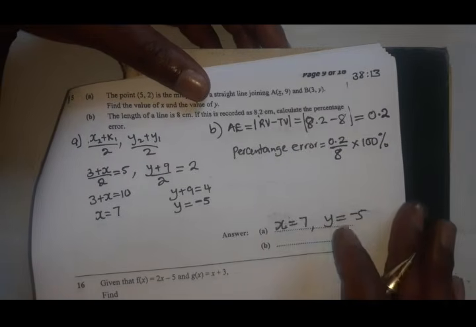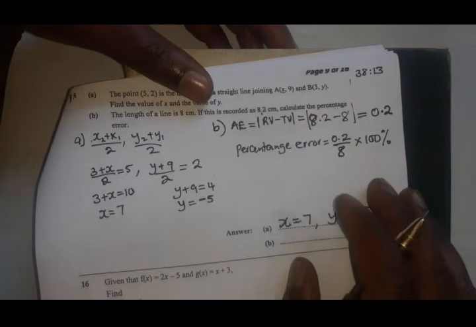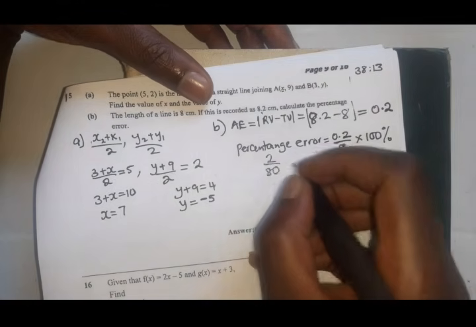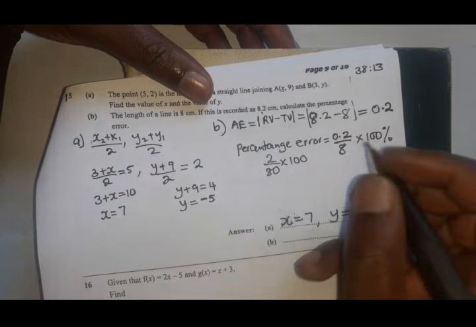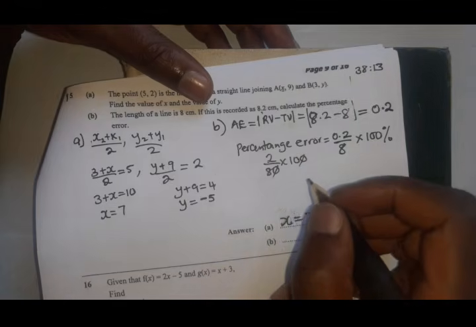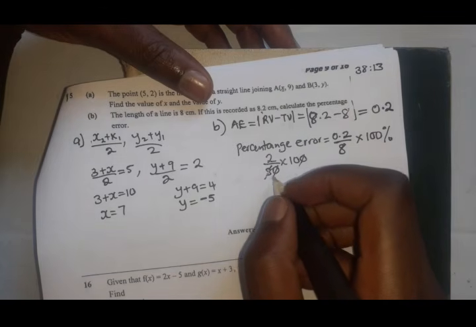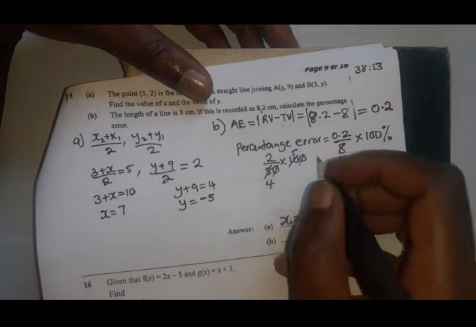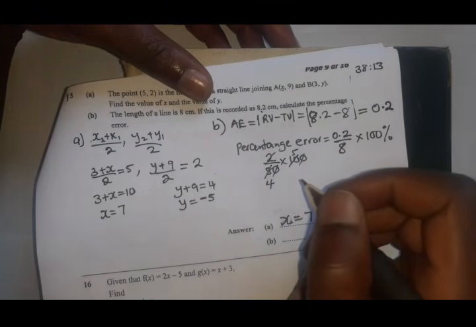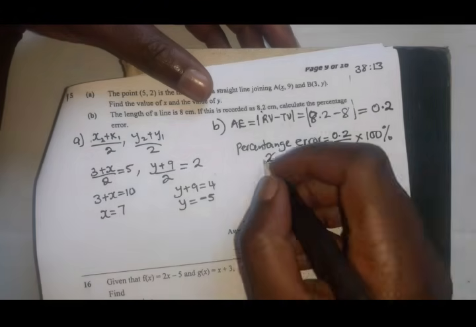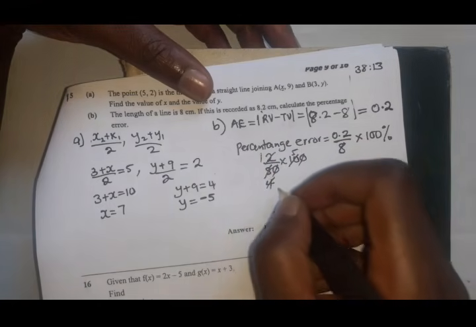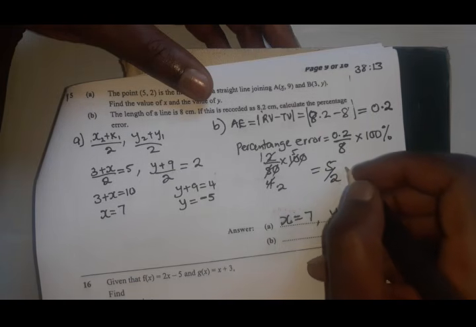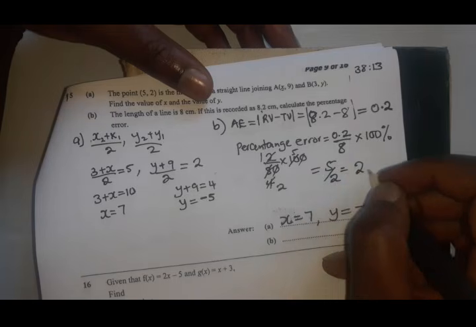That's what we are supposed to do. So we can simplify this part as 2 over 80 multiplied by 100. Simplifying, 2 into 4 and 2 into 5, and 2 into 2 is 1, 2 here is 2. So we are going to have 5 over 2, and this is going to give us 2.5%.